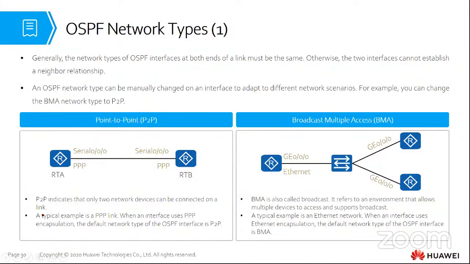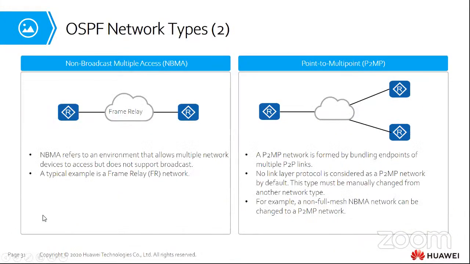The third network type is non-broadcast multiple access. It means that different network devices can access each other, but they don't support broadcast transmission. There is nothing like I'm alone, but I want to talk to many.